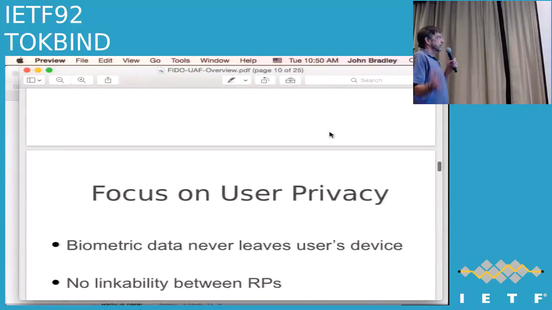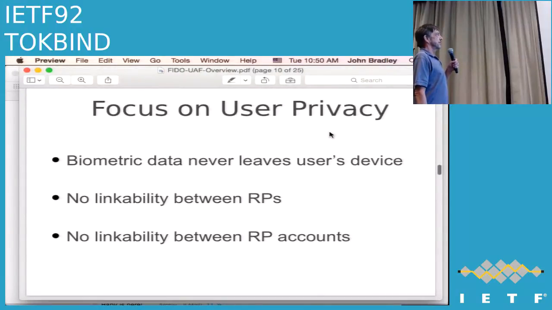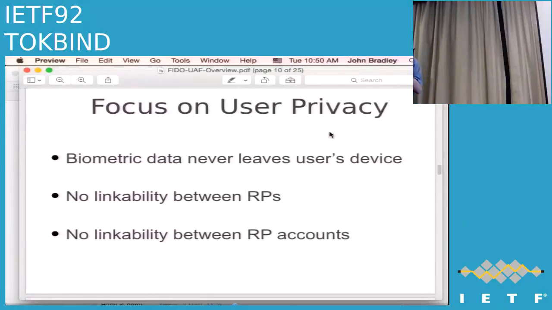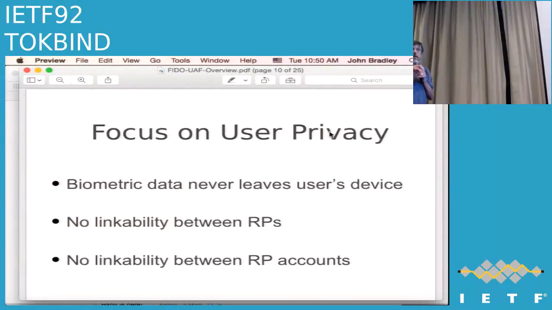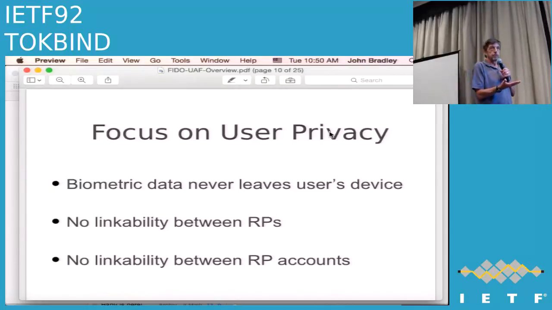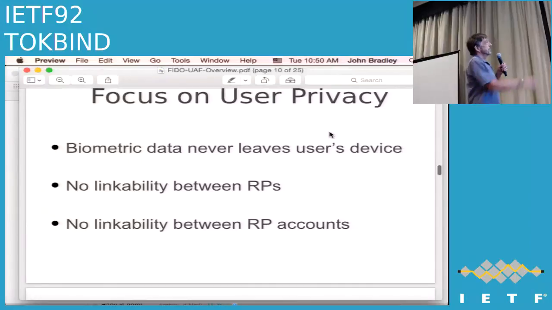There's no linkability between RPs because you're using different public keys with FIDO RPs, and thus no linkability between FIDO RP accounts. Okay. We wanted to decouple so there could be all these different user modalities.